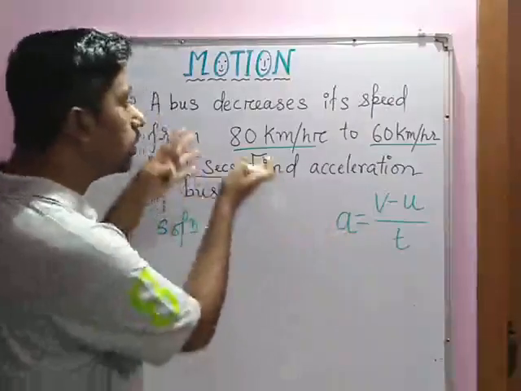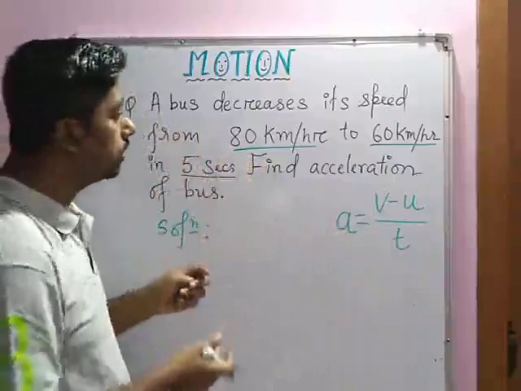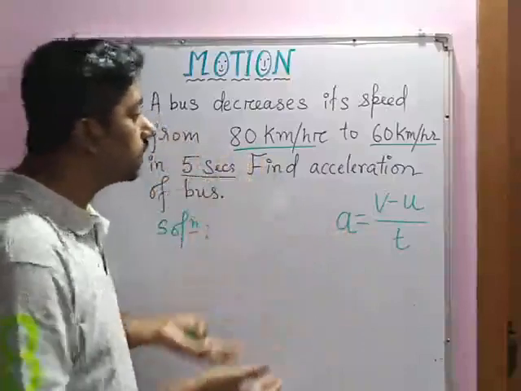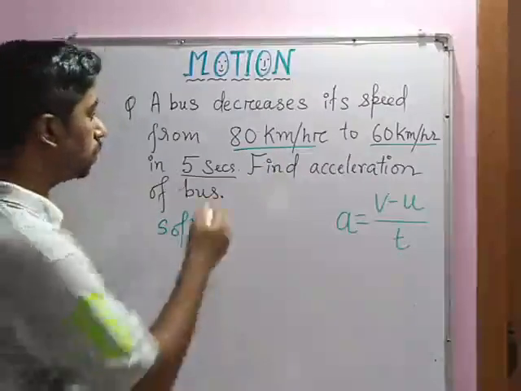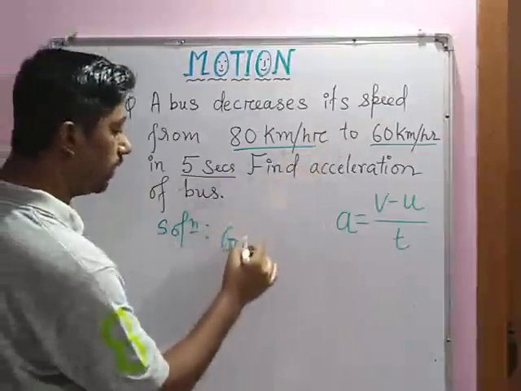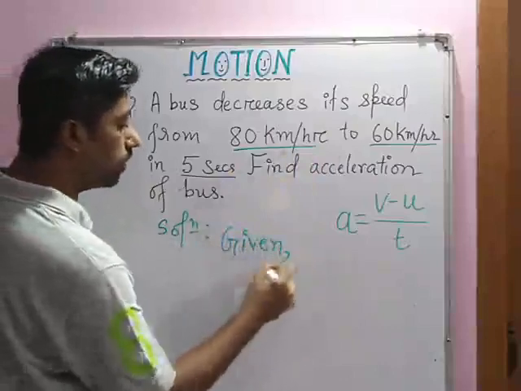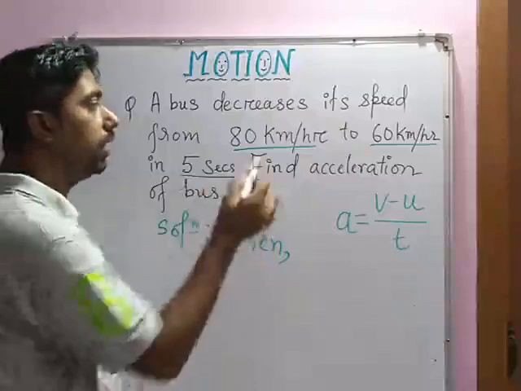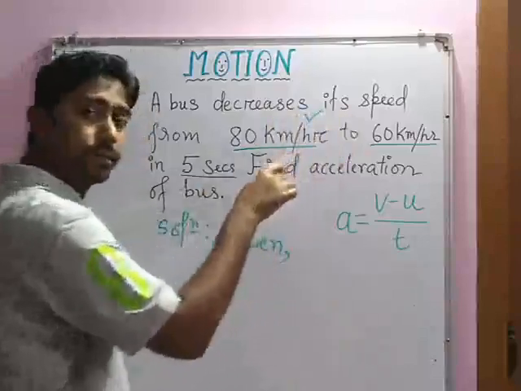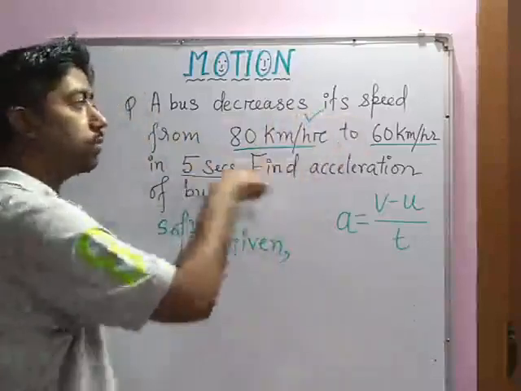Now you have to see the question and see what values are given. If you compare with the equation, first is 80 km per hour. You have to think whether this is U or V. For that you have to read the question.